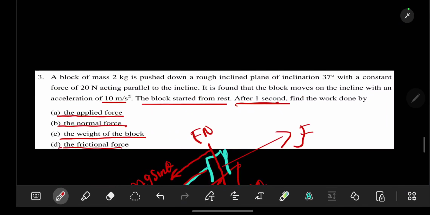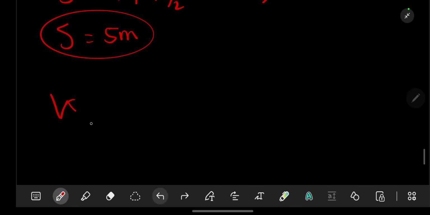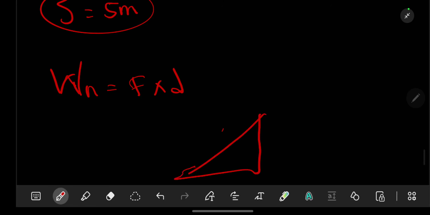The second part of the question says the work done by the normal. Remember, the work done is the product of the force and the distance moved in the direction of the force. Now, if you look at the normal force, this one is not moving in its own direction, it is moving down the ramp. So the work done by the normal is equal to 0, unless the block was being moved off the ramp, then we could have work done by the normal force.